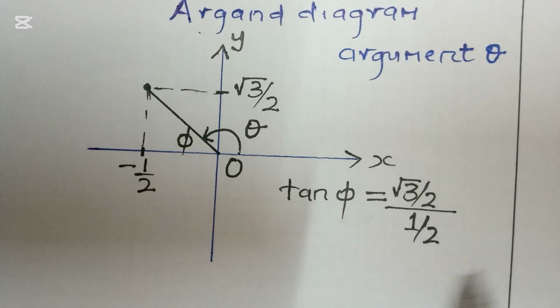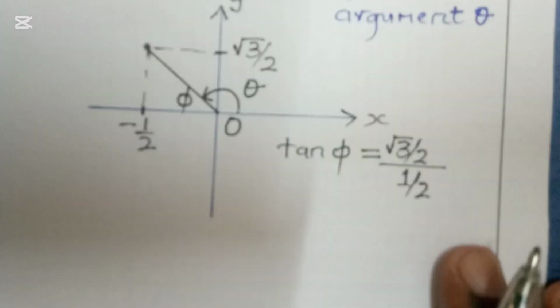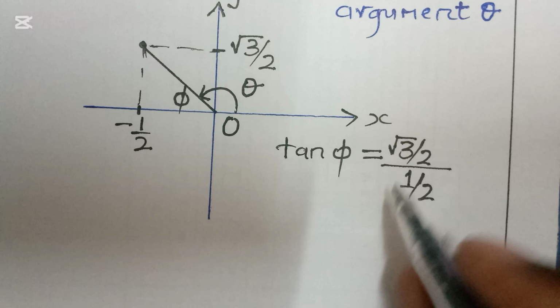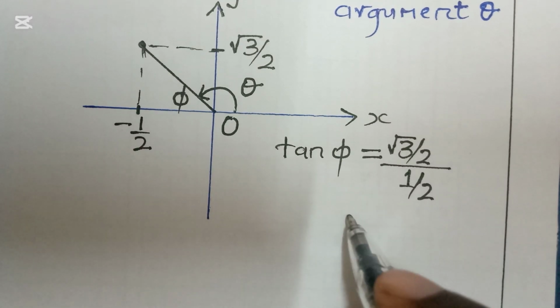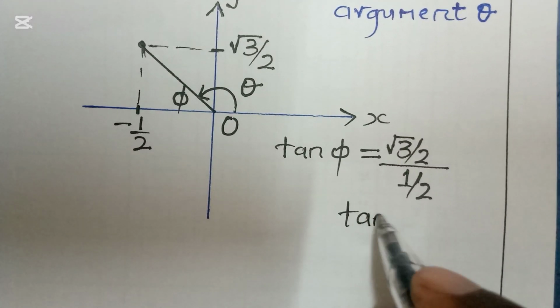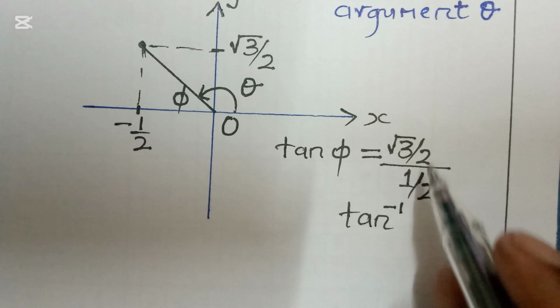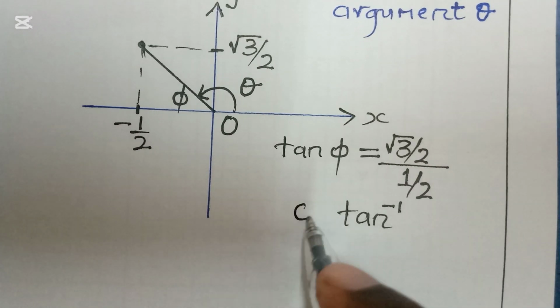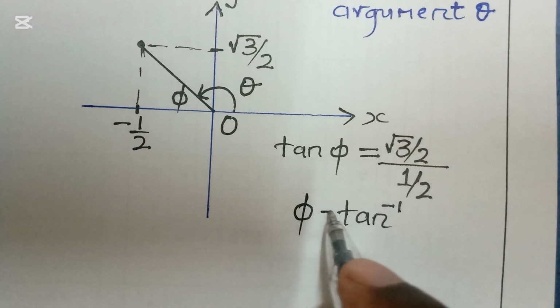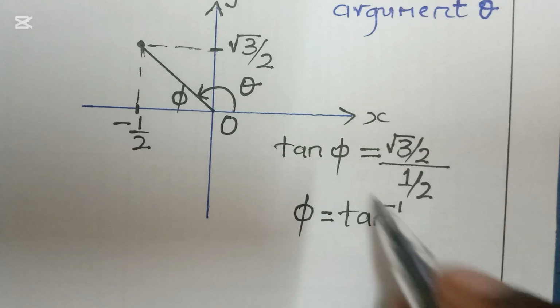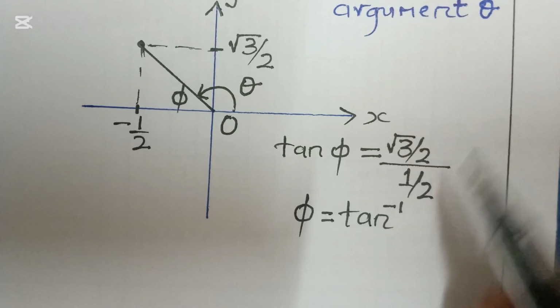So we put it just like that. And so therefore, guys, we are going to have tan inverse of that value will give us our phi. So guys, we look for those values and see what we get.